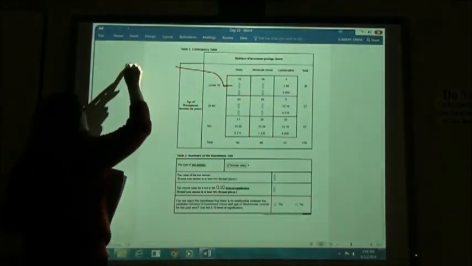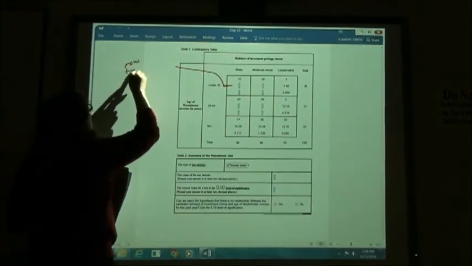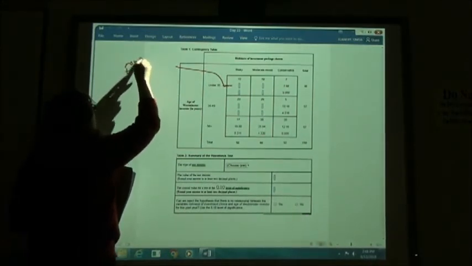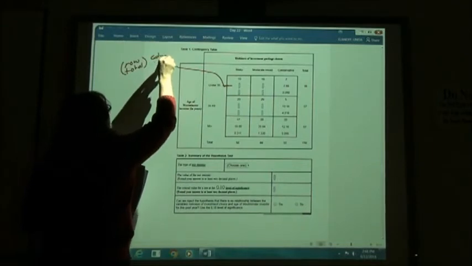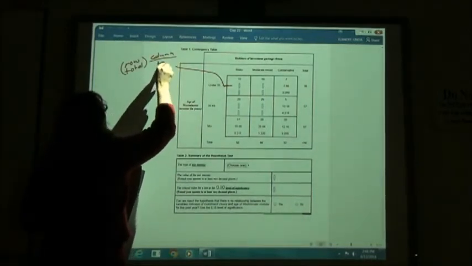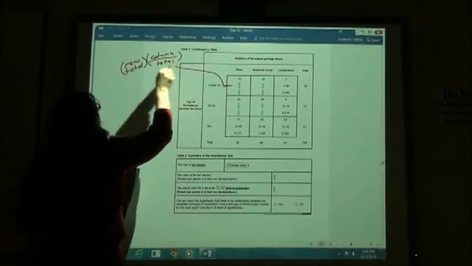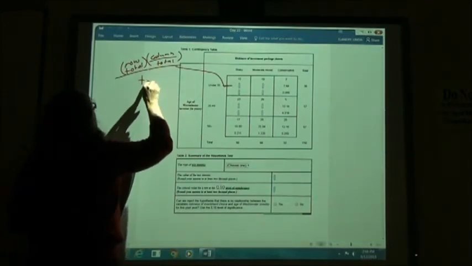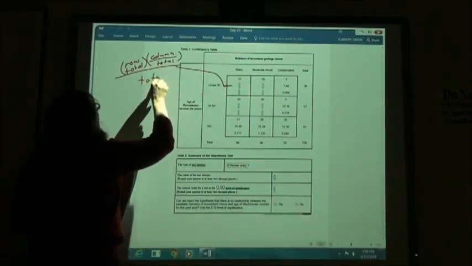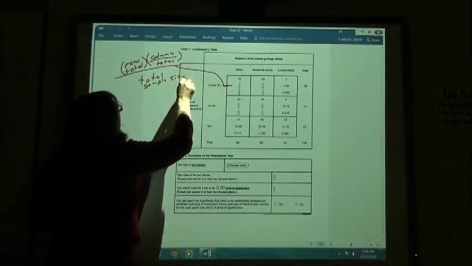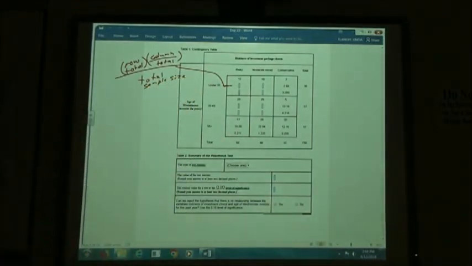The top value is what we did on problems 1, 2, and 3. Row total times column total divided by the total sample size. So the top numbers are what we did on problems 1, 2, and 3. So I'm just going to go ahead and do the top numbers first.